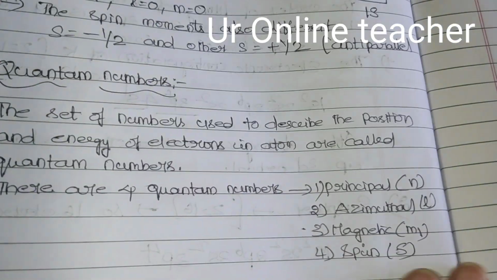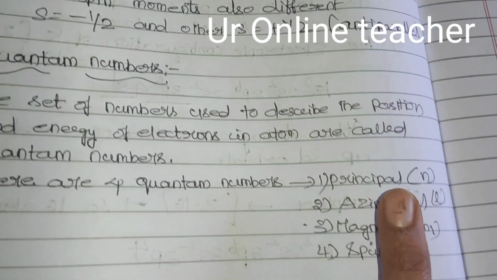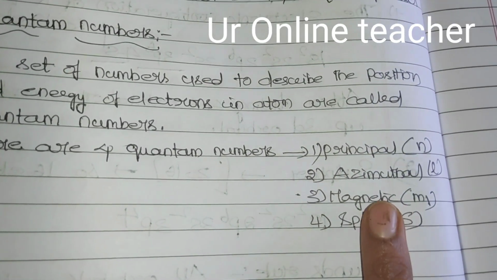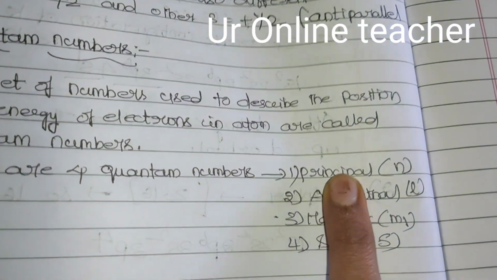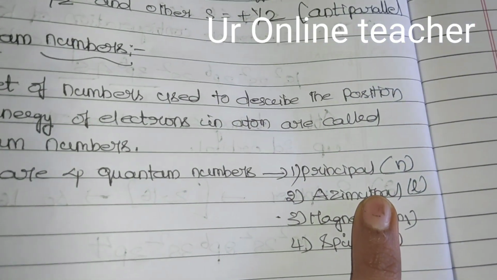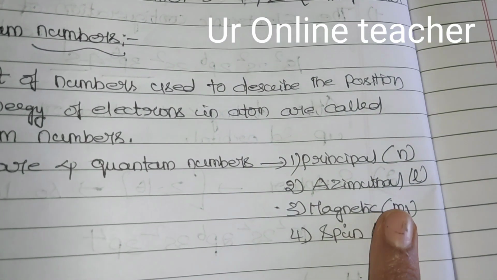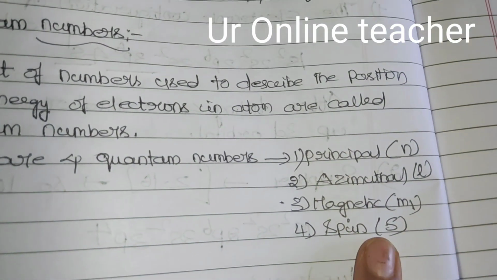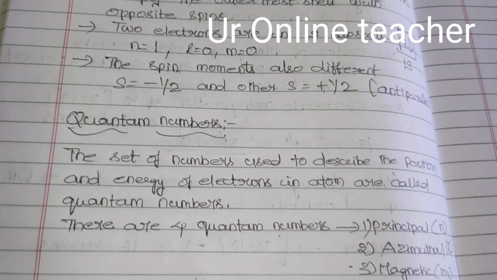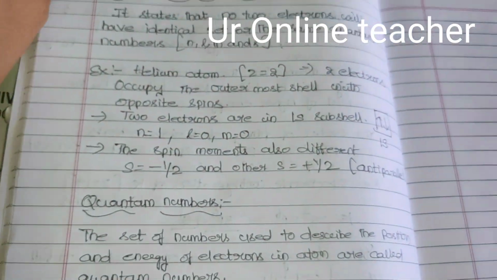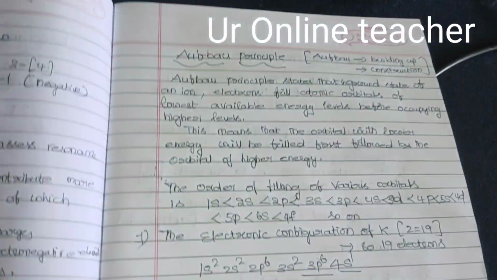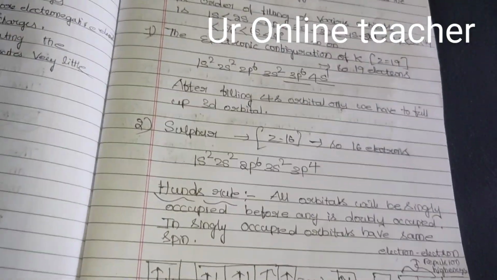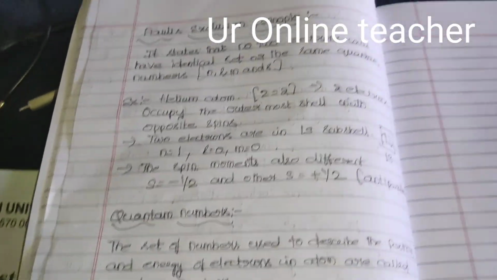There are 4 quantum numbers: the principal quantum number, denoted by n, the azimuthal quantum number by l, the magnetic quantum number by m, and the spin quantum number by s. So like this we explained the 3 important concepts: the Aufbau principle, Hund's rule and Pauli's exclusion principle. Thank you.